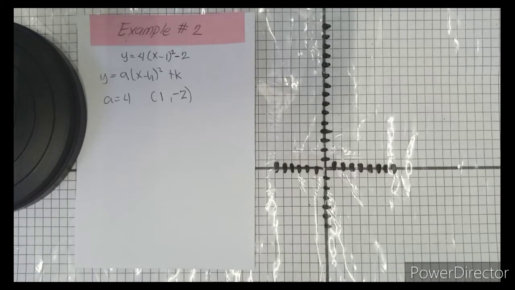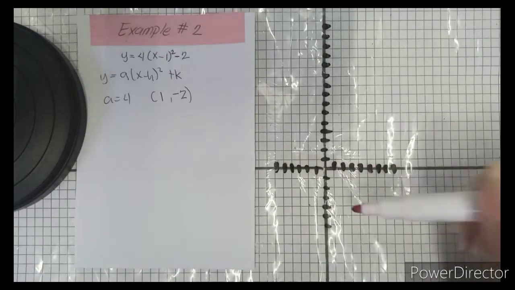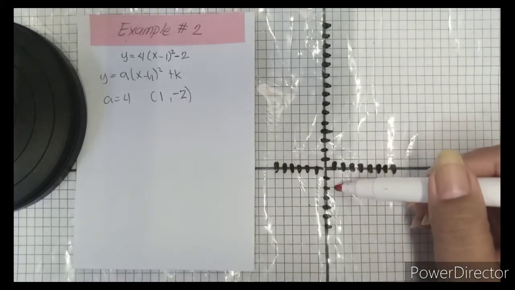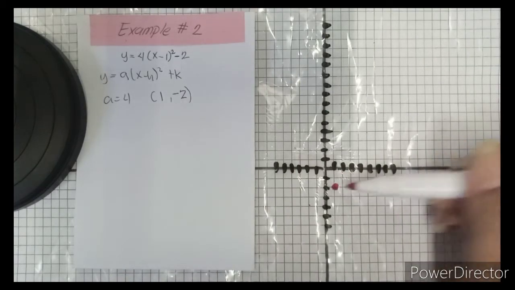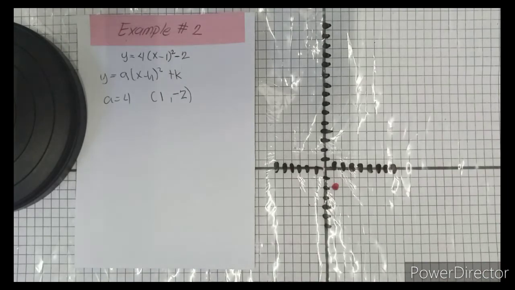Now, let's plot the points. So, positive 1, tsaka negative 2. Andito po yung ating point. Okay? Now, since positive si ating a, our parabola is going upward.